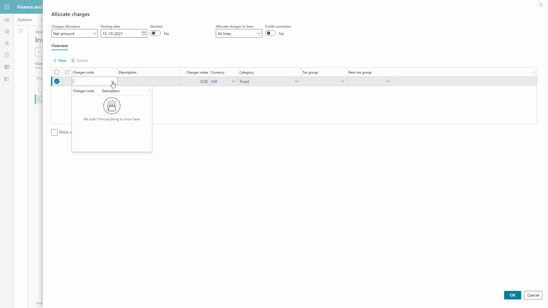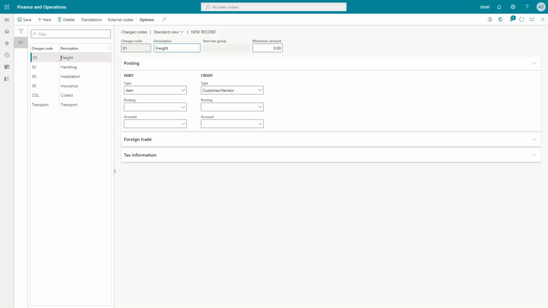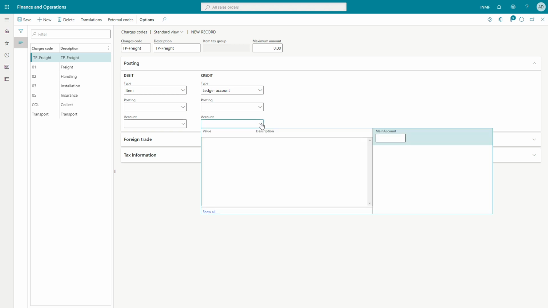Okay, I'll select the charge code. So right now I don't have any charge code here with the definition of debit inventory and credit GL. So I will create one here. So I'm saying third party freight. I want to inventorize this particular freight charges and load it on my purchase transactions or inventory transactions. At the same time, this amount will be parked into a recovery account that I will select.